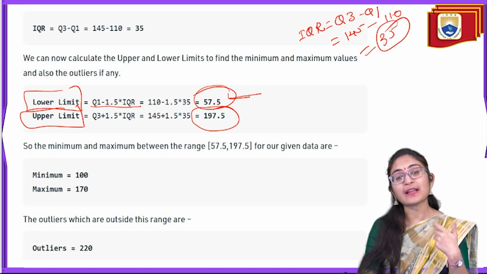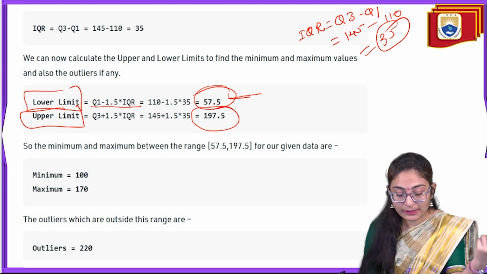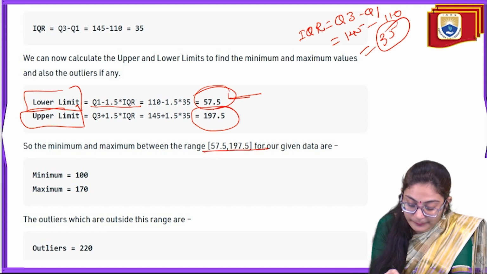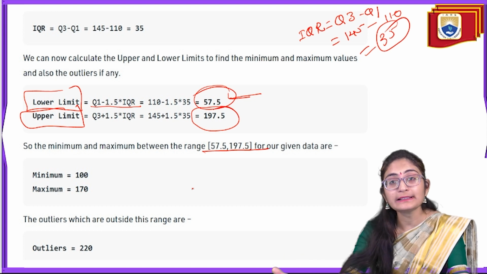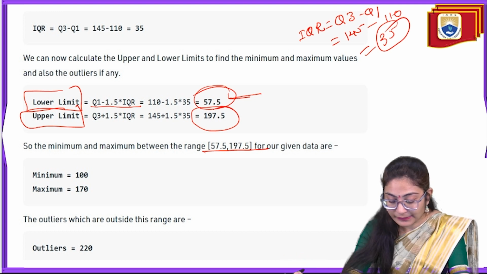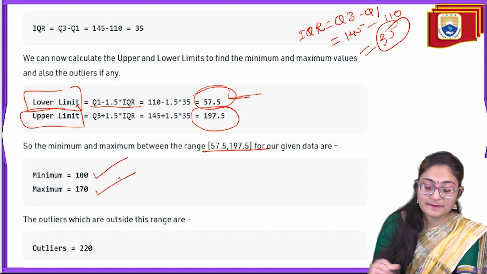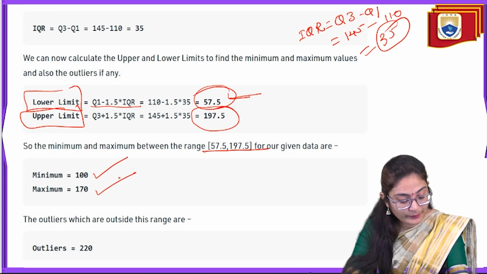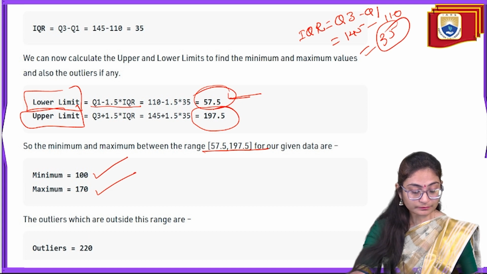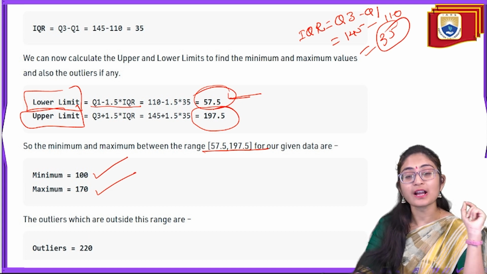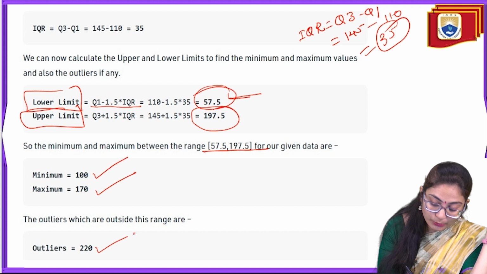So the minimum and maximum lie within the range 57.5 to 197.5 for our given data. That means the minimum is 100 and the maximum is 170. That means the outlier, which is outside the range, is 220.